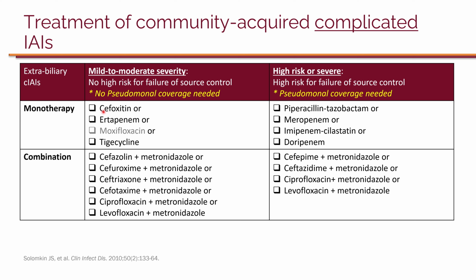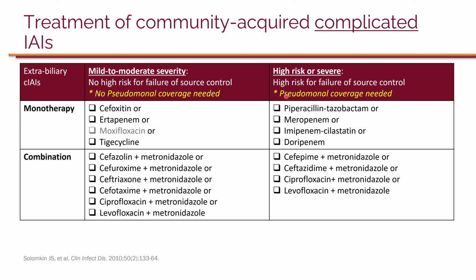So monotherapy includes, you essentially want to cover E. coli, Klebsiella, and Bacteroides. So cefoxitin monotherapy, ertapenem monotherapy, or tigecycline monotherapy, or a combination of either cefazolin plus metronidazole or cefuroxime plus metronidazole. Essentially some cephalosporins plus metronidazole or a fluoroquinolone plus metronidazole.